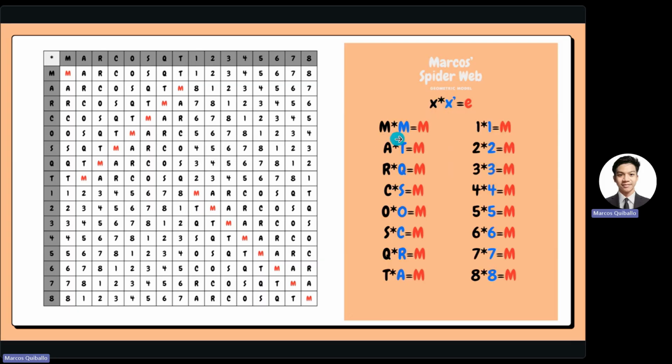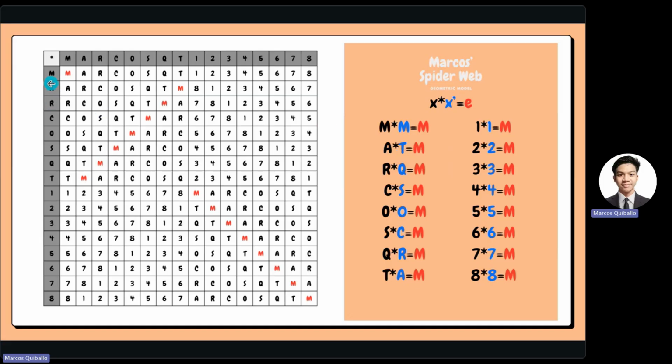So m star m is equal to m. Since m is our identity element, by this formula we can see that m is its own inverse. So a star t is equal to m, so the inverse of a is t.